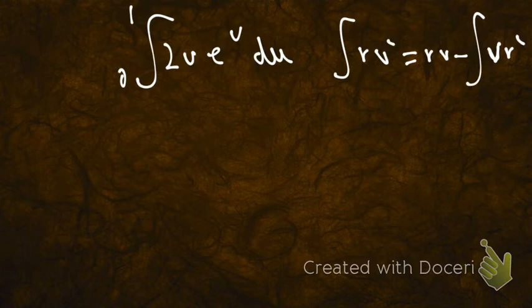Therefore, we need to choose a really easy side to integrate. And in this case, the easy part to integrate is the e to the u. Certainly easier to integrate repeatedly.